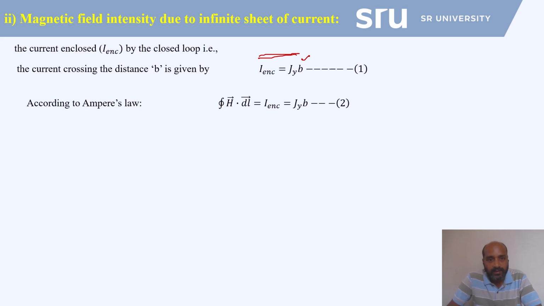As per Ampere's law, the magnetic field intensity over a closed path is equal to I enclosed, and we are saying that I enclosed is jy into b.